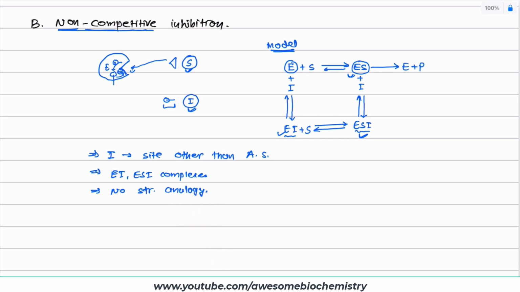Now try to understand one very important aspect. In this case, whatever substrate concentration we increase, even at a very high substrate concentration, as there is no competition between inhibitor and substrate, some amount of inhibitor will always be bound with the enzyme, and that enzyme will be inhibited.